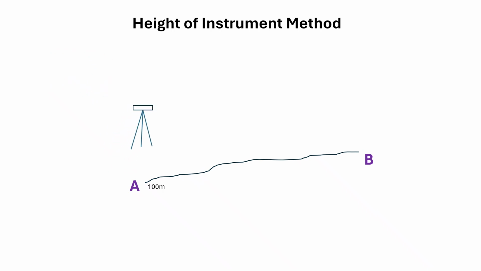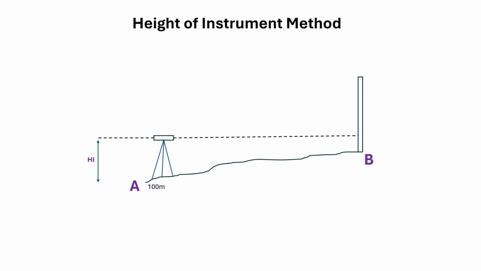So we are mounting a theodolite at point A, and let's say the height from point A to the center of the theodolite is the HI. So we are putting a level staff at the point B, and through the theodolite we are determining the height H. So in order to calculate the reduced level at point B, the formula would be 100 plus HI.